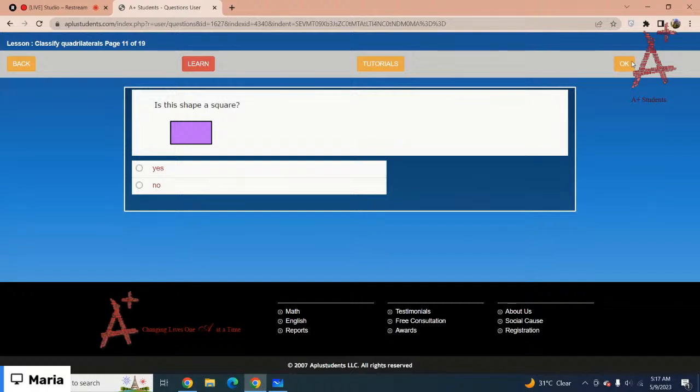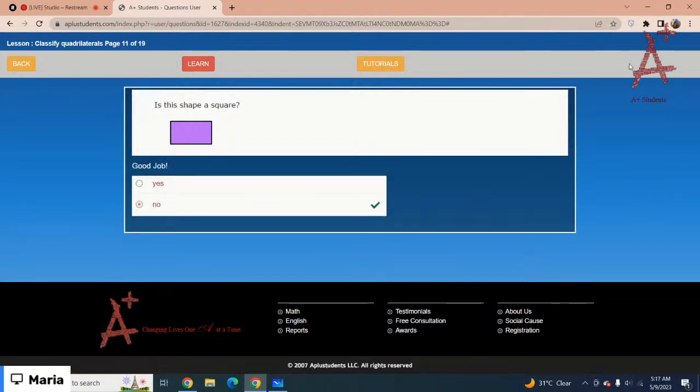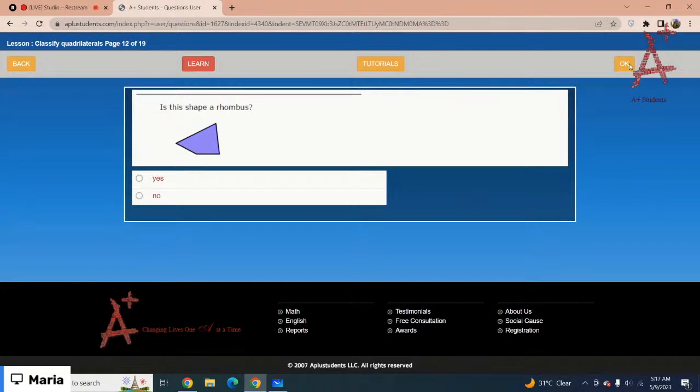No, this is not a square. Is this shape a rhombus? No, it wouldn't be a rhombus.